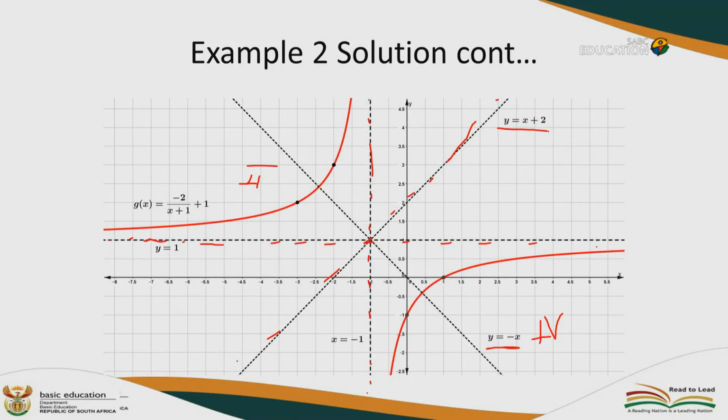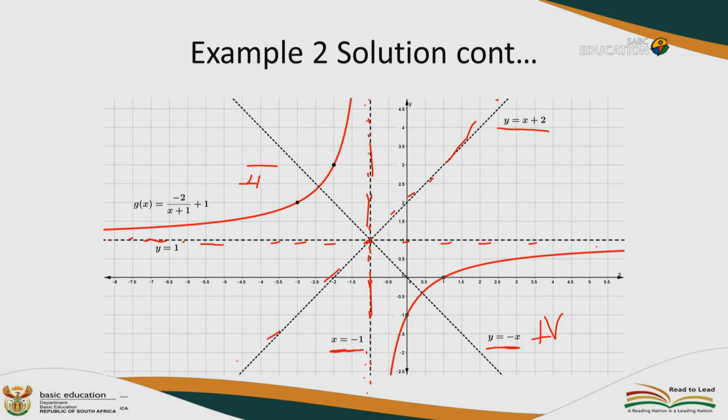Now, very important, you should also indicate on your graph the equations of the axes of symmetry and the equations of the asymptotes. So for our vertical asymptote, which is that one, I've indicated that it is x equal to negative 2, so it cuts the axis at x equal to negative 2.